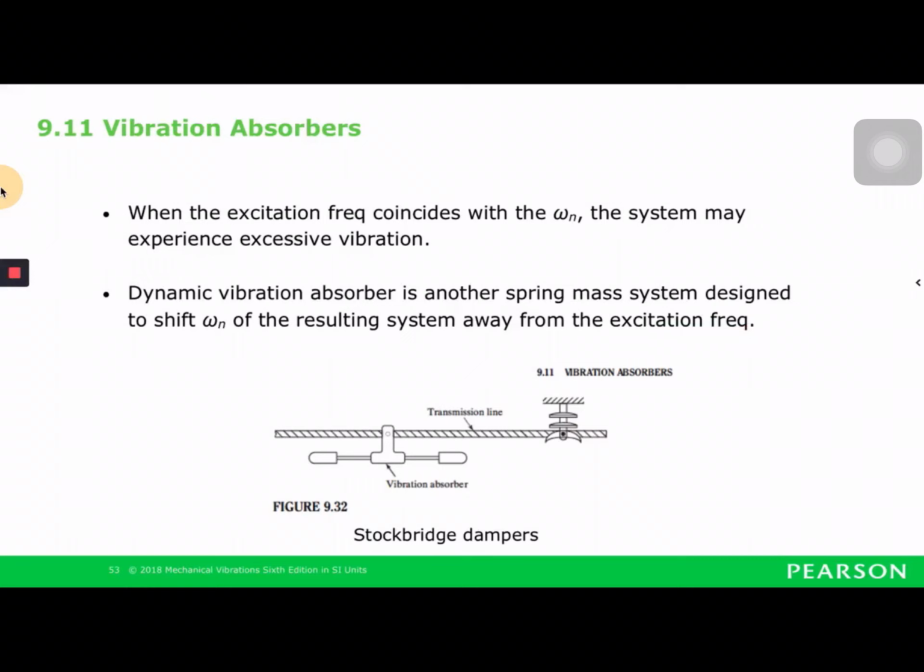Since the system changes from a single degree of freedom into a two degree of freedom system, it will have two natural frequencies, right? So a dynamic vibration absorber creates a pair of natural frequencies that is different from the existing natural frequency.